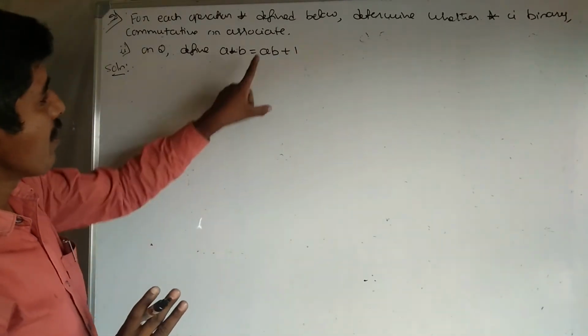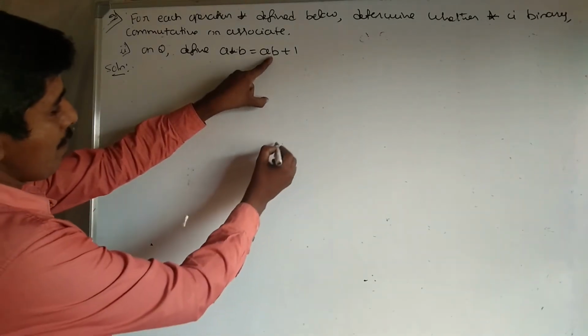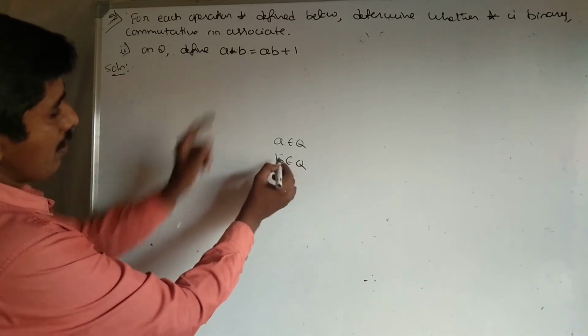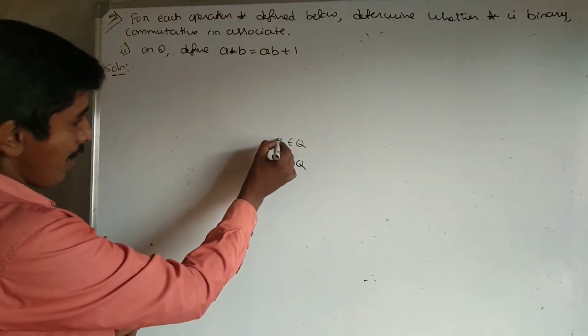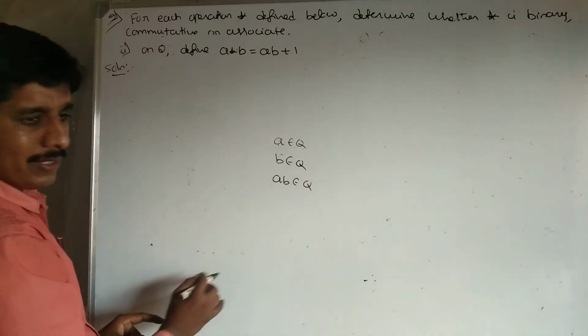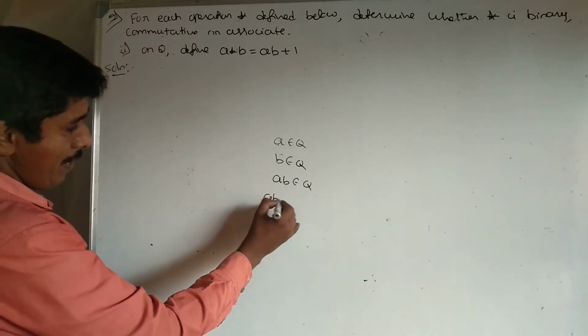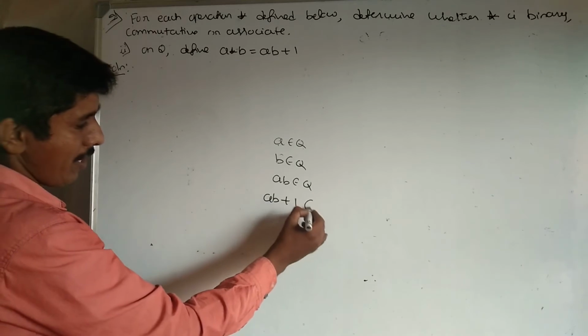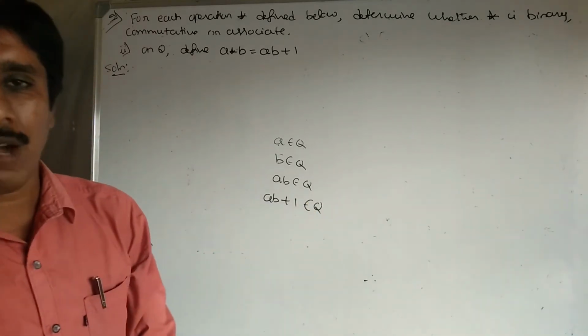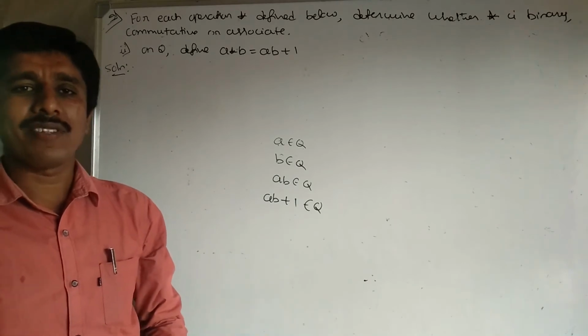Suppose A belongs to Q, B belongs to Q. The product of two rational numbers A and B is again a rational number, and AB plus 1 is clearly a rational number. Therefore star is a binary operation on the set of all rational numbers.